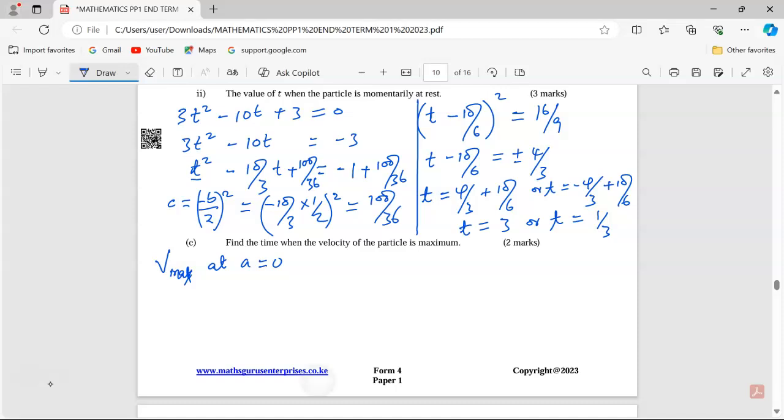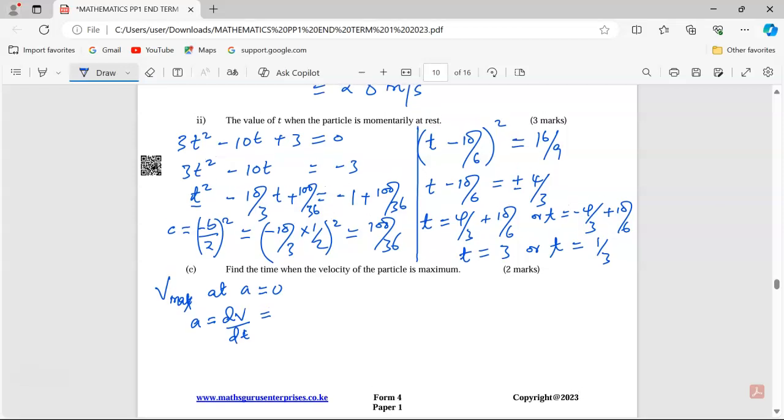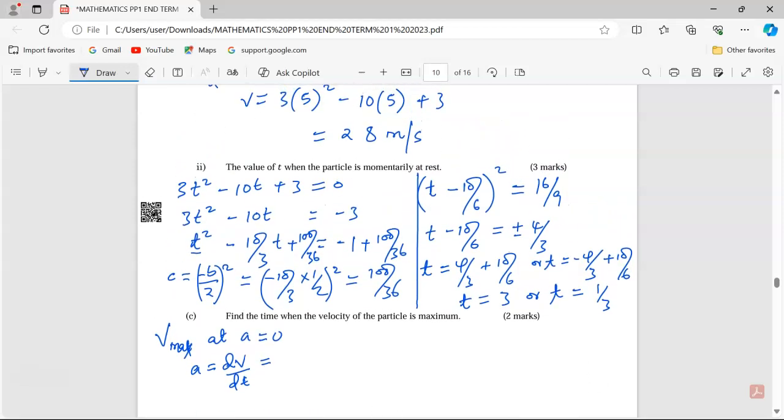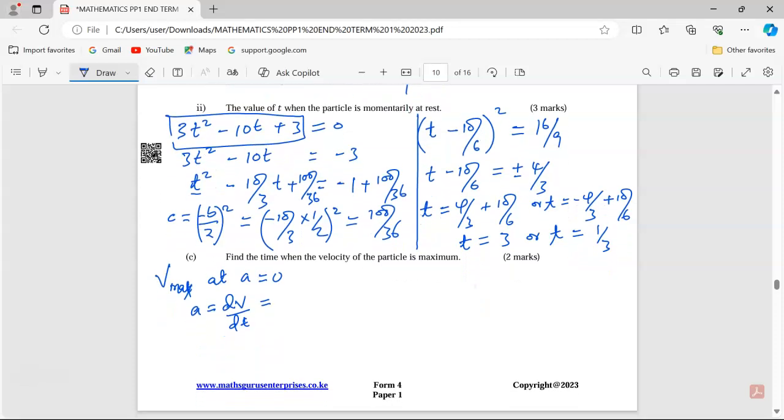So now we should find the acceleration function, which should be found by differentiating velocity with time, because the gradient function of a velocity time function gives us acceleration. So we should find the gradient function of the velocity function. Because the velocity function is already here, we're going to differentiate it.